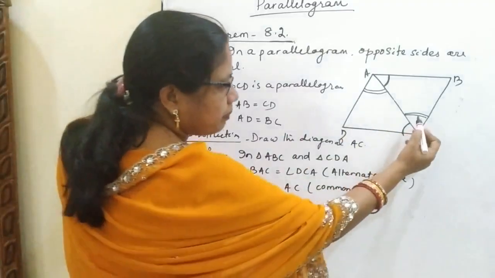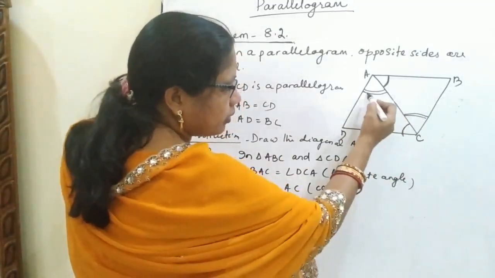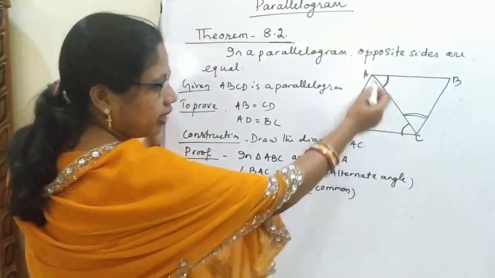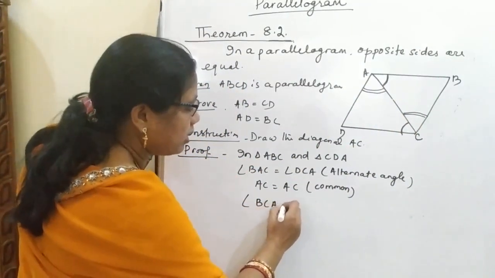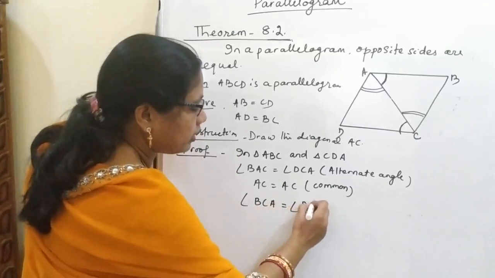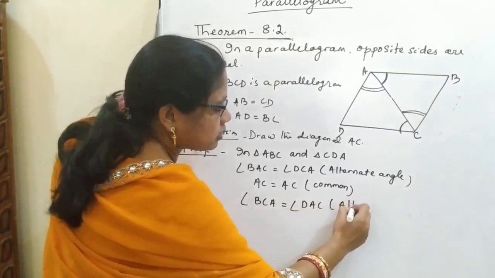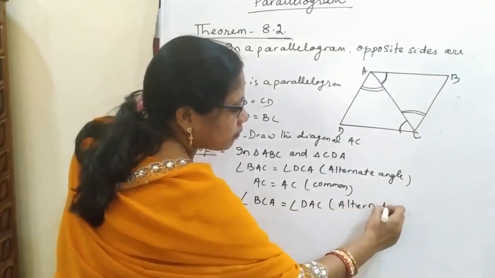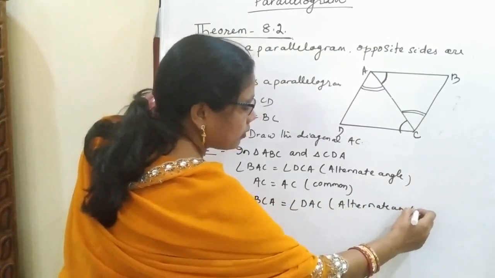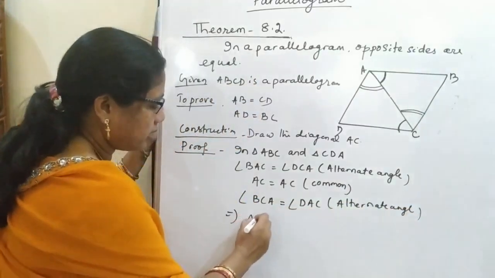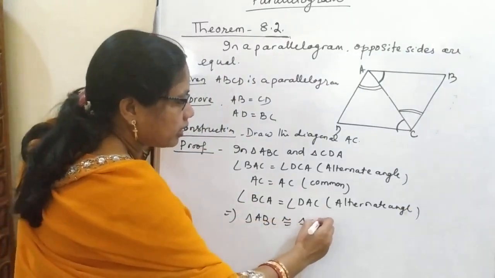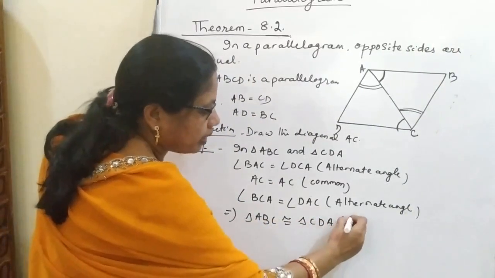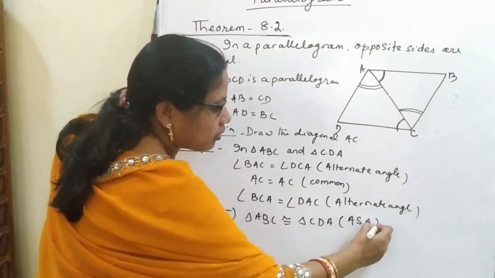And angle BCA is equal to angle DAC. So this is also alternate angles. So this implies triangle ABC is congruent to triangle CDA by ASA condition.